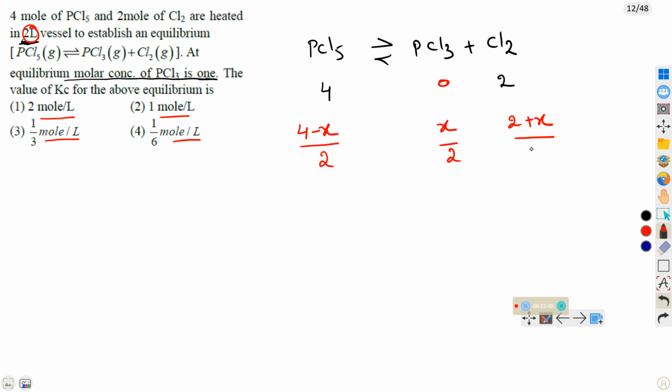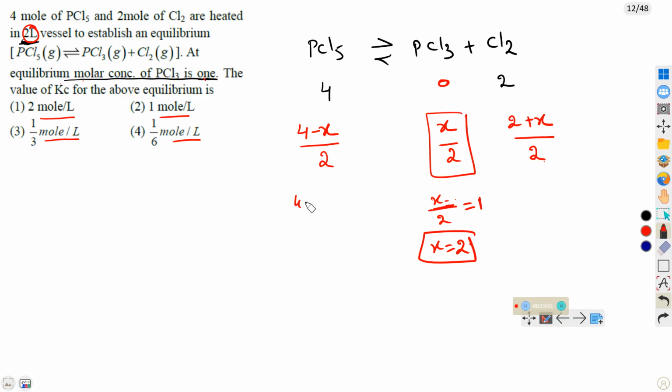X by 2, 2 plus X by 2. What is given at equilibrium? The molar concentration of PCl3 is 1. That means the X by 2 value is given. X by 2 is equal to 1. Then X is equal to how much? 2.